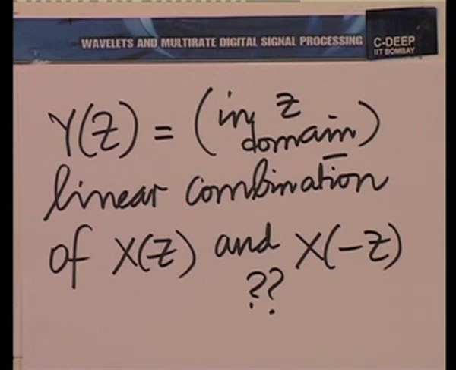You see, if the X(-z) term were not to be there, then we have a simple expression there. Y(z) is some function in z multiplied by X(z). That is the good old linear shift invariant system for you with a system function, and in this case, if tau1(z) were to be absent, the system function would be simply tau0(z). Tau1(z) is the troublemaker here, and we need to understand first what this X(-z) is.